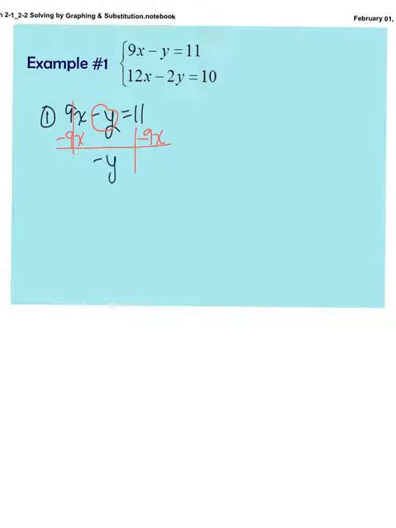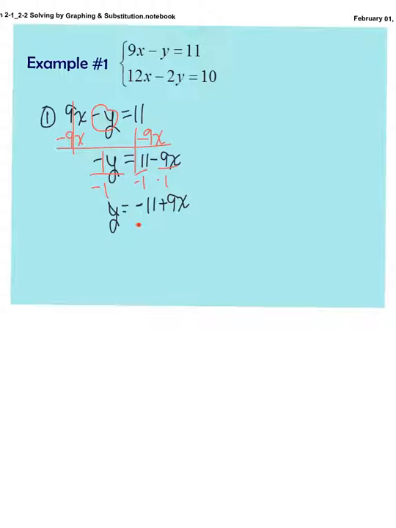So I get negative y equals, and we're not graphing, so you don't have to put the x term first; you can write it as 11 minus 9x if you wish. But we have to solve for positive 1y, and right now there's a negative 1 in front, so you have to divide every single term by that negative 1. So you get y equals negative 11 plus 9x.